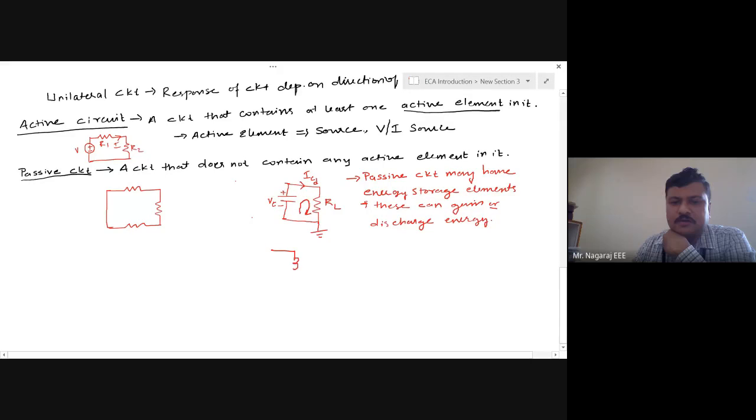Yes, sir. Now I have a transformer here. To this primary, I connect the source, say for example 230 volts. I have a secondary of the transformer, to which I am connecting a load.